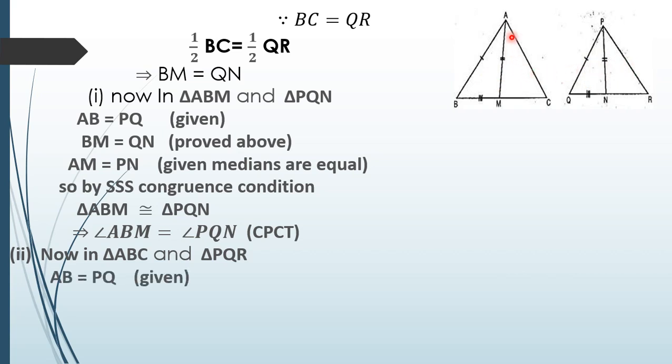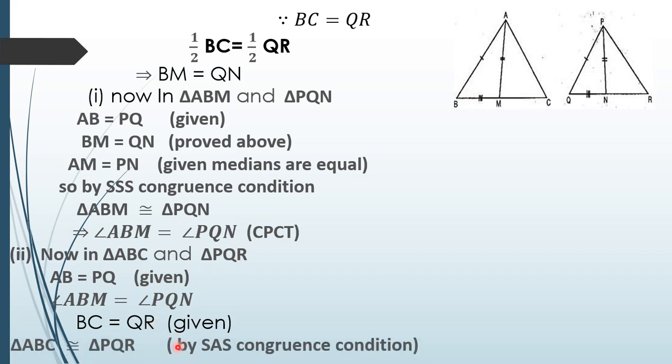Here we have AB is equal to PQ, and we have proved above that angle B is equal to angle Q, so angle ABM is equal to angle PQN. Now side BC is equal to QR, given in the problem. Both sides are equal. Now here we are getting side, angle and side, and this angle is included between these two sides, so it is an included angle. So by side, angle, side, the triangles are congruent. So it's proved.